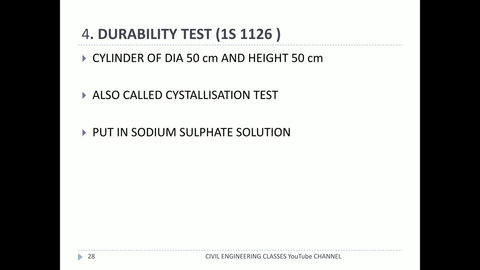After taking the sample, we put it in a 14% solution of sodium sulfate for about 2 hours, and then we take it out and weigh it, and the weight difference has to be noted. Thus the durability test is done. Sometimes instead of sodium sulfate, calcium sulfate can also be used.